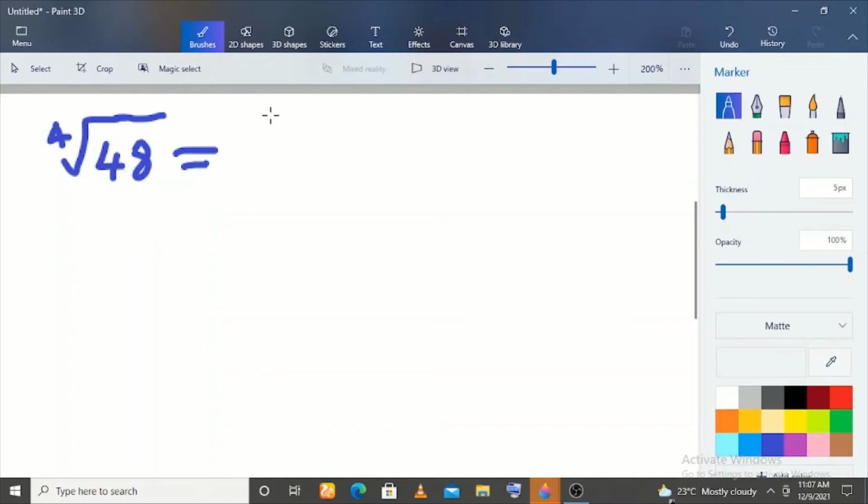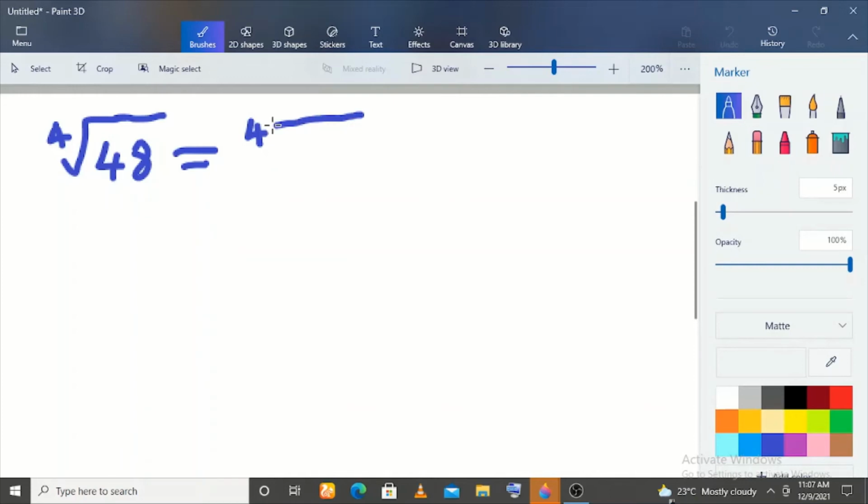So what you have is the 4th root of 48. Now 48 is a product of multiplying 16 and 2.